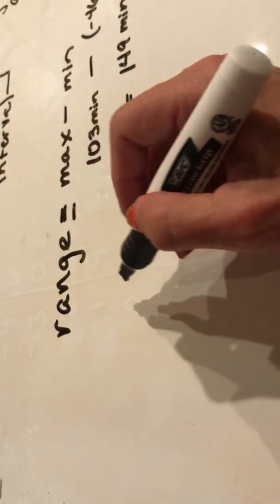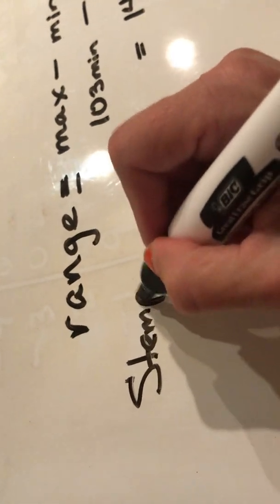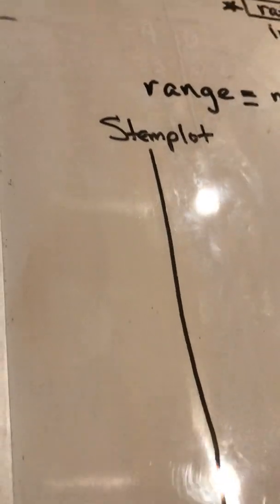distribution, like a stem plot, I could do a dot plot, but I'm just going to do a stem plot. When I draw this stem plot, it's going to be quite long here.